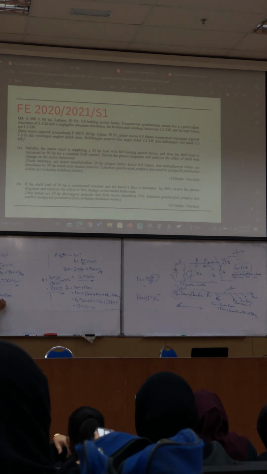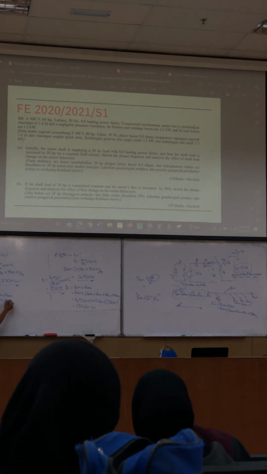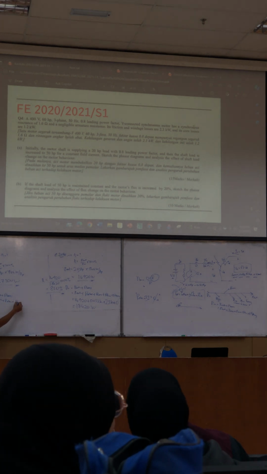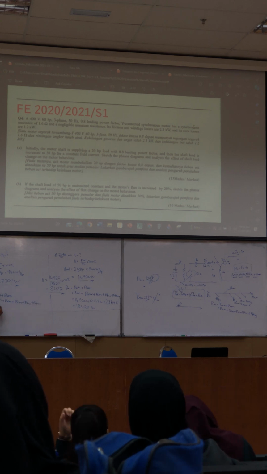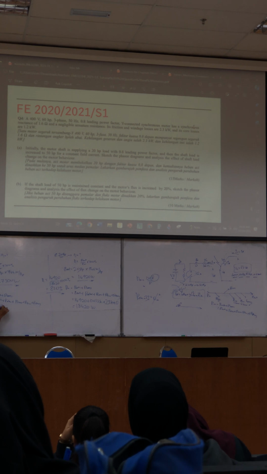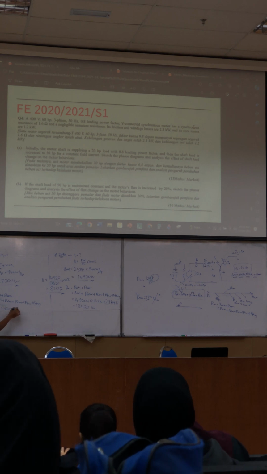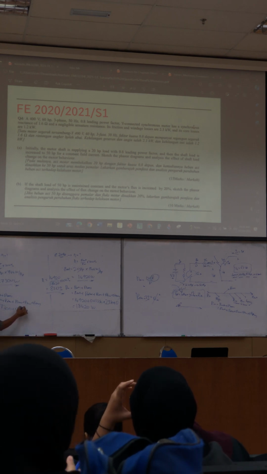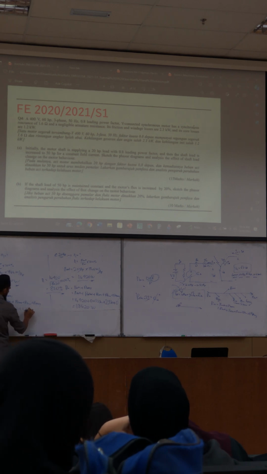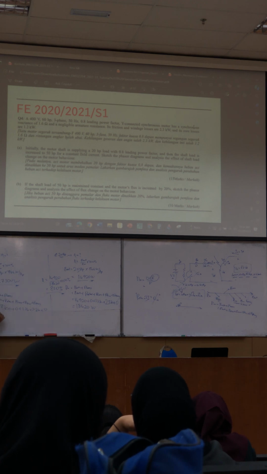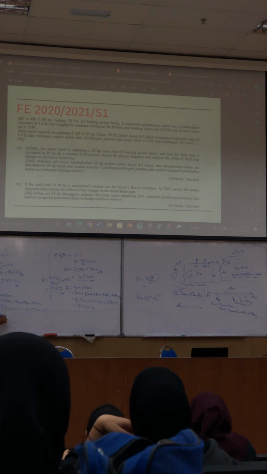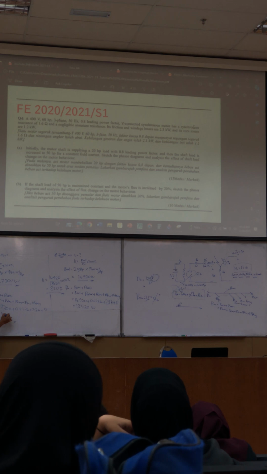So P out plus P electrical plus P core plus P friction and windage plus P stray: 37,300 plus 0 plus 1.2K plus 2.3K plus 0. So P in is 40,800 watt.